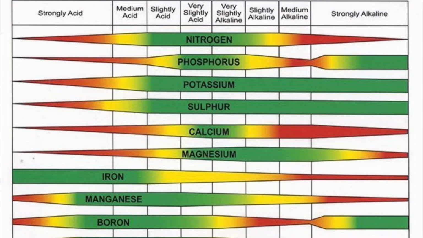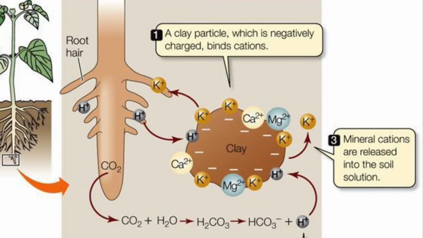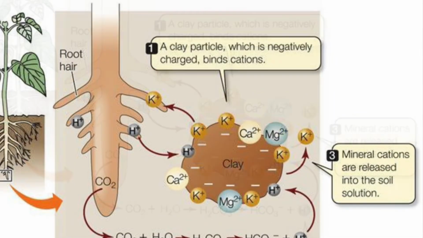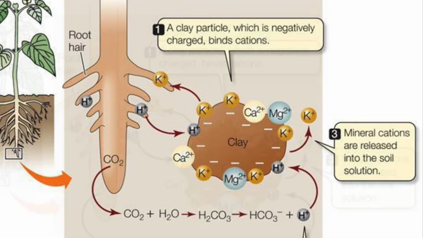Very slightly alkaline, I would say 7.2 to 7.8. Slightly alkaline, you're getting up there into the 8s, medium 9s, 10s. Strongly alkaline, that's your 11s, 12s, 13s.